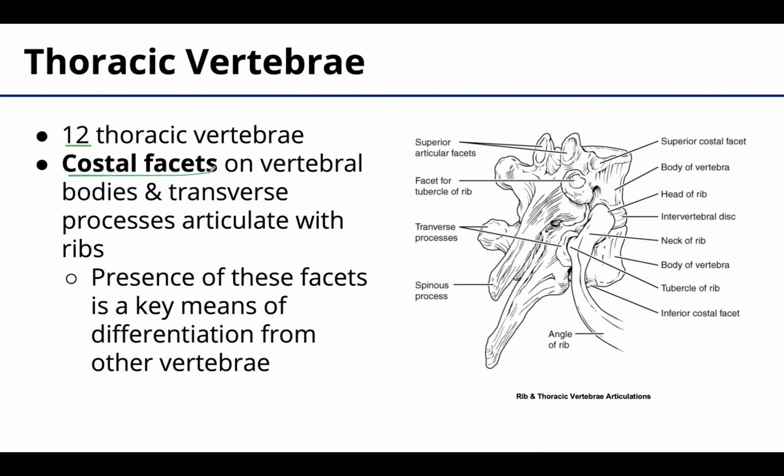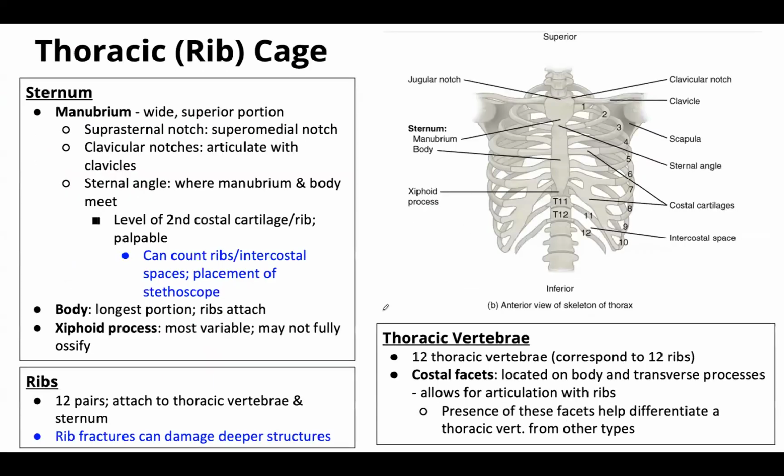If you see a costal facet on a vertebra, which is just a smooth area on the side of the body or the transverse processes, this means that you are looking at a thoracic vertebra rather than a cervical or a lumbar, because only the thoracic vertebrae have costal facets. They are the only vertebrae that articulate with ribs. You can see right here the head of the rib articulating on the body and the tubercle of the rib articulating on the transverse process.